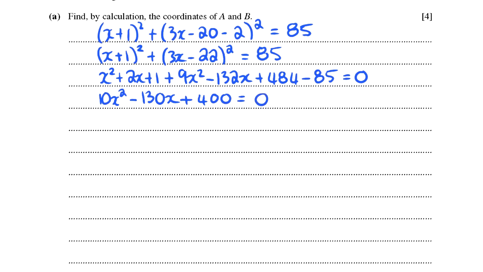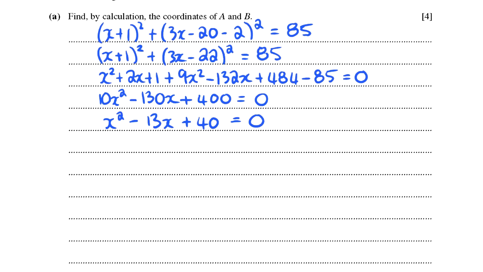We can divide by 10, and we'll get x squared minus 13x plus 40 equals 0. Can we think of two numbers that multiply to 40 and add to -13? 4 and 10, no, 5 and 8.